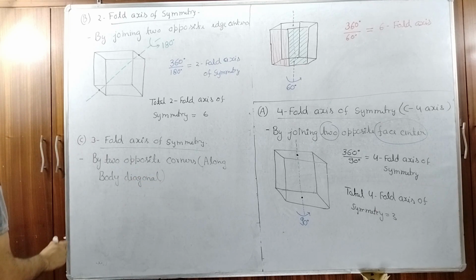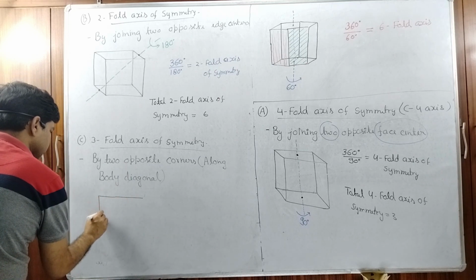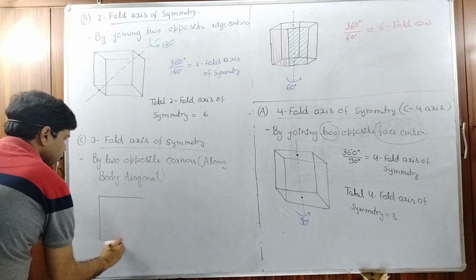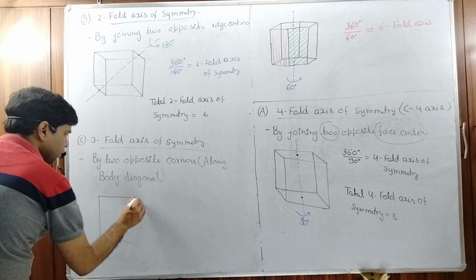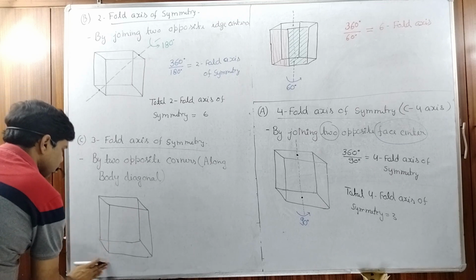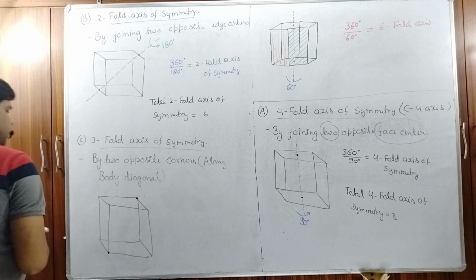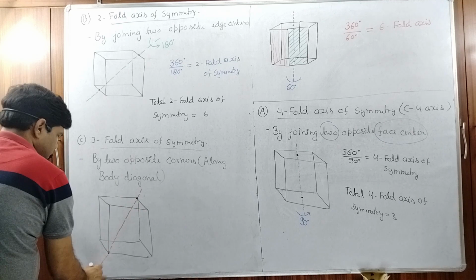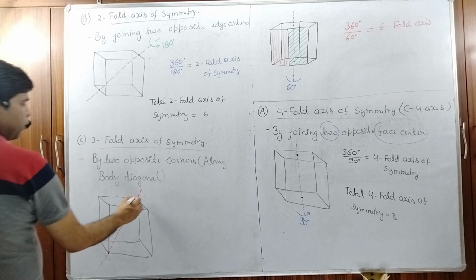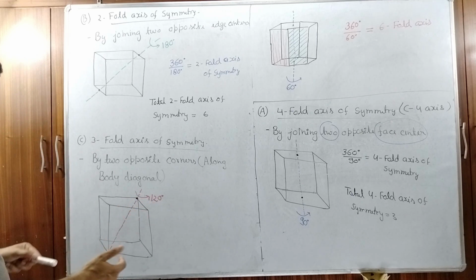How? Let's see. We have to join two opposite corners, and I rotate this molecule by 120 degrees. Do they provide the three-fold axis of symmetry?